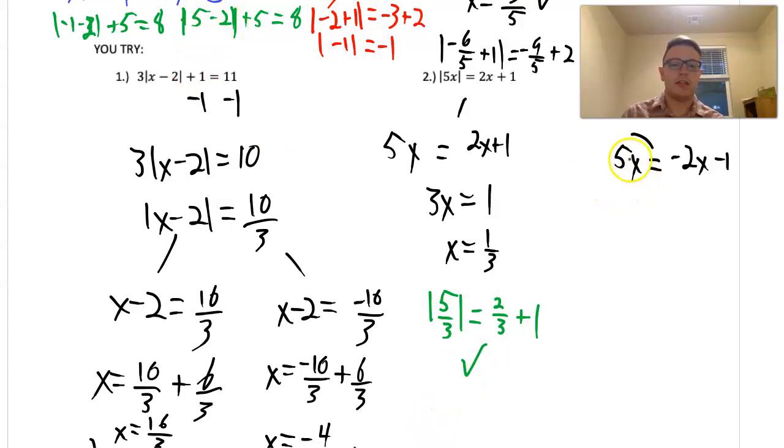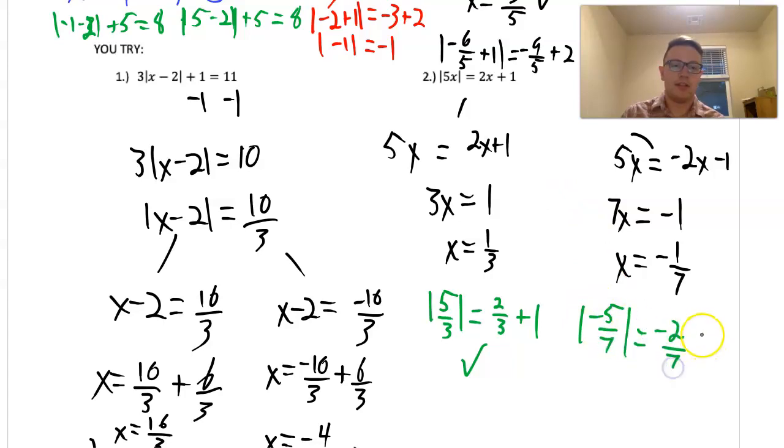Let's check the other one now. We get 5x is equal to negative 2x minus 1. So we're going to add the 2x. That becomes 7x is equal to minus 1, or x is equal to minus 1/7. Let's check that one out. Is the absolute value of negative 5/7 equal to negative 2/7 plus 1?